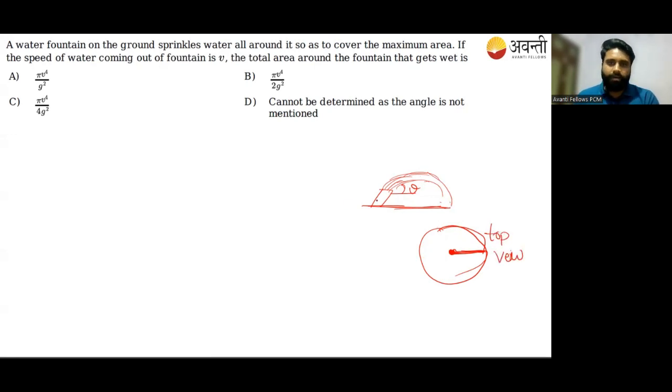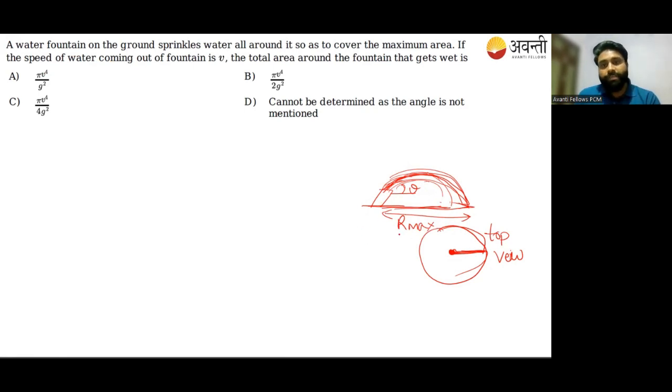Now we have to cover the maximum area. So what should be the concept? If I set this fountain at some angle for which it sprinkles the water to the maximum range, then the area covered by it would also be maximum.